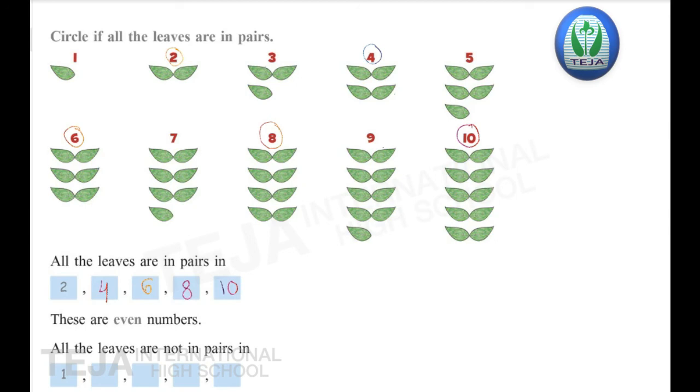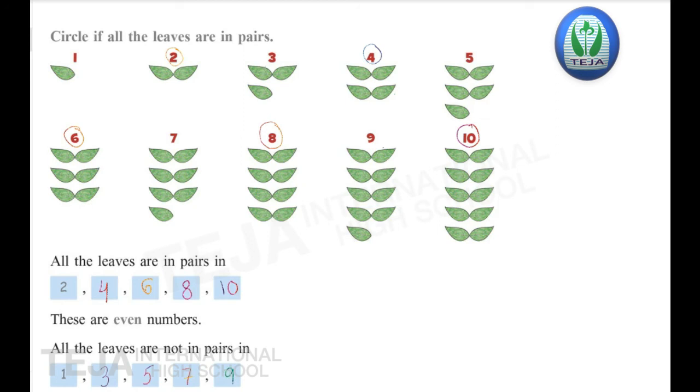Now next, in which number are the leaves not paired? That is number 1. 1 is already written here in the box. Next is number 3. So we'll write number 3 in the box. Next number is number 5. Write 5 in the box. Next 7. Write 7 in the box. And next number is 9.